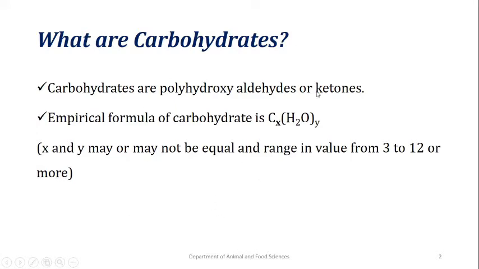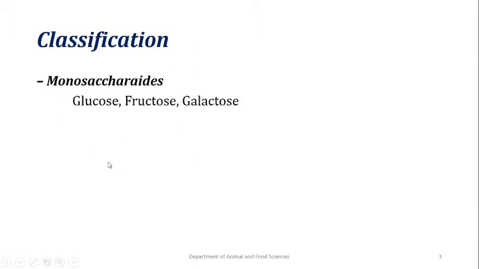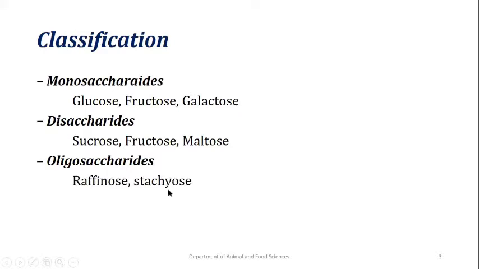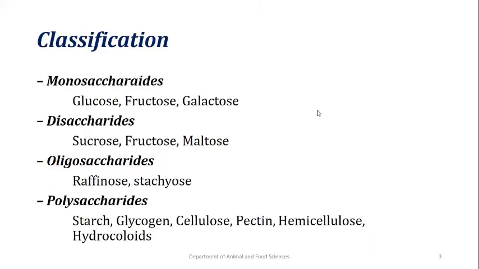Based on that, we categorize carbohydrates. We can classify carbohydrates into monosaccharides, disaccharides, and polysaccharides. In between disaccharides and polysaccharides, we can define a category called oligosaccharides.